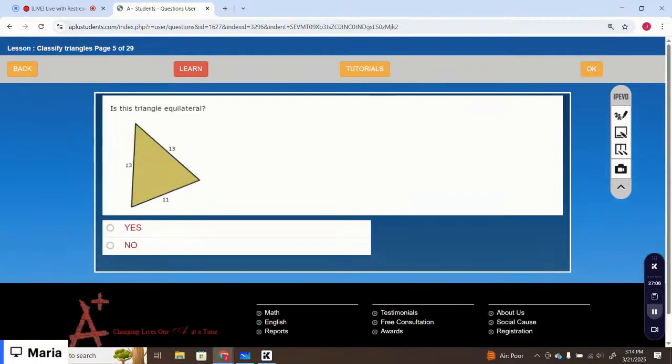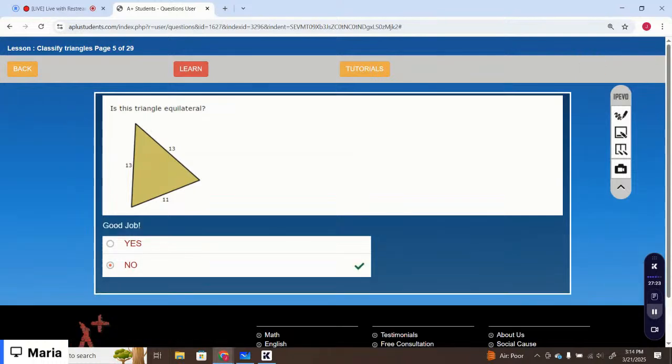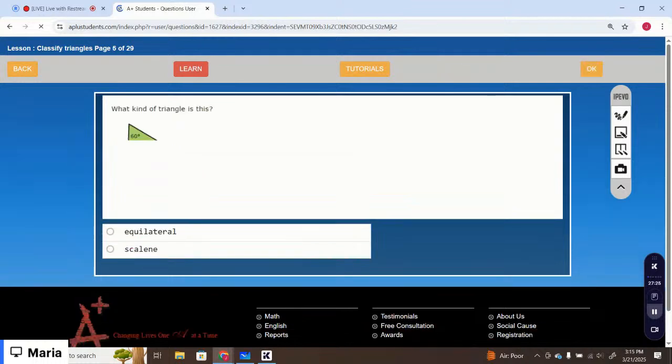Option number two is the correct option. Is this triangle equilateral? No, that is not an equilateral triangle. Option number two is the correct option.